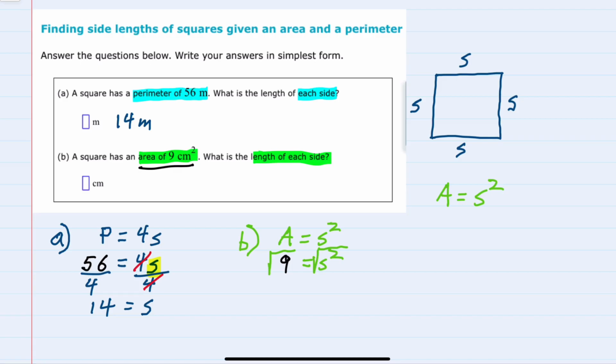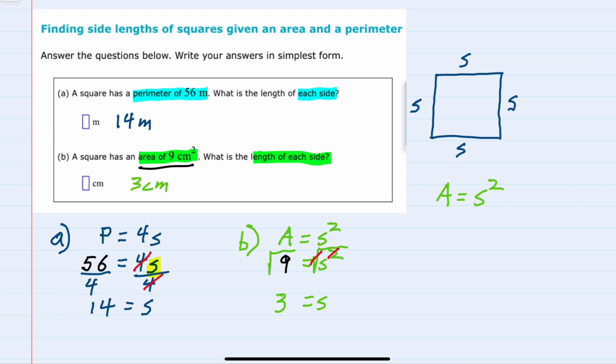The square root and the square cancel, giving me just the variable s on the right-hand side. And then on the left-hand side, we have the square root of 9, which is 3. So the length of each side in part B is 3 centimeters.